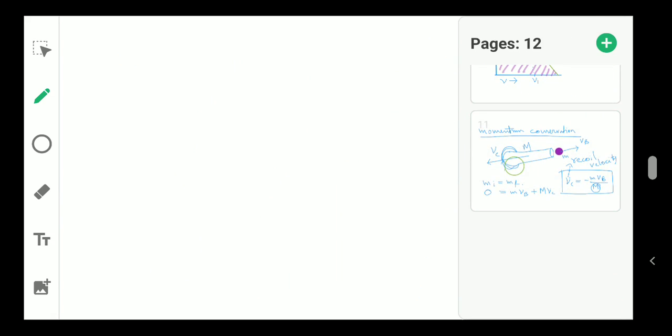But today's motive is just to start the topic of collision. So what is collision? Collision means when two or more objects collide with each other.